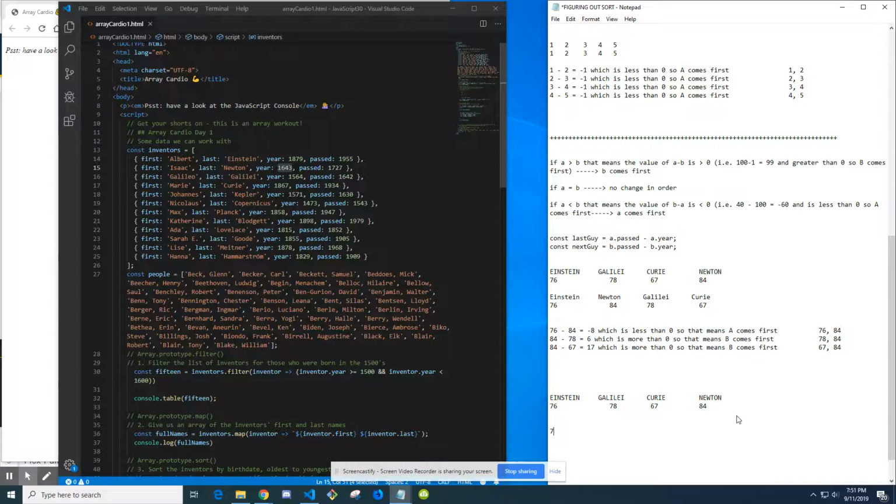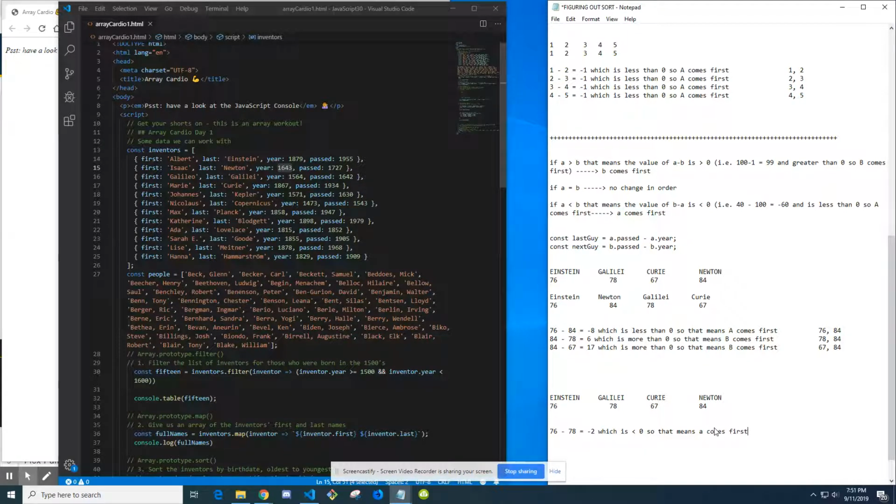So my A is 76, my B is 78, Einstein and Galilei, equals -2, which is less than 0. So that means less than 0 means A comes first.